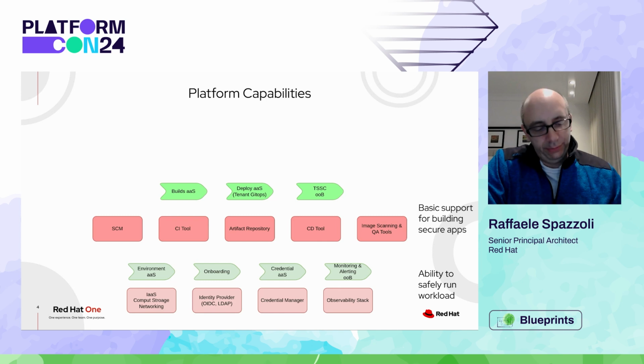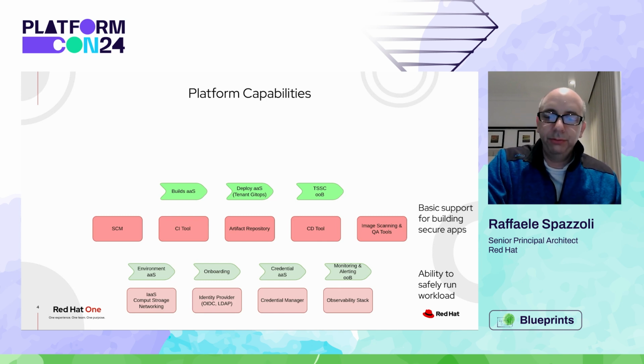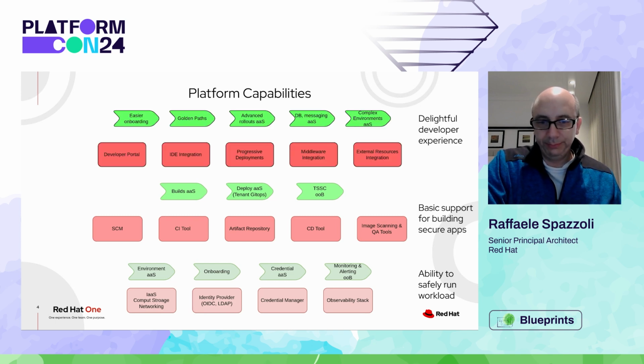So here we have Git and ability to version code, CI tool, CD tool, a way to store artifacts, and a way to store images and scan, and also some security tool on the images. And if we have that, we can essentially have our build and deploy as a service processes, and perhaps some level of trusted supply chain, trust of the supply chain out of the box, embedded in the pipeline.